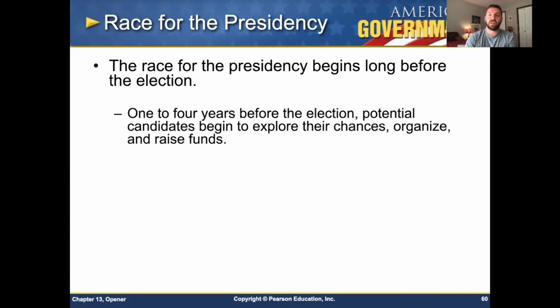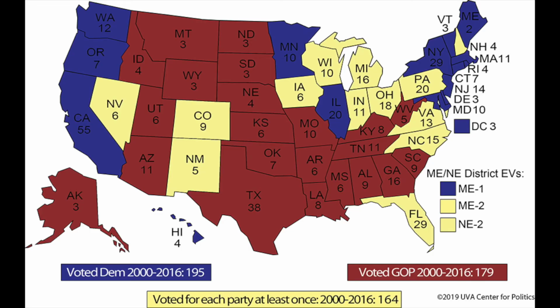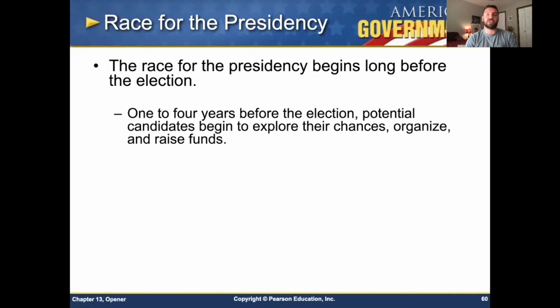Between 1 and 4 years before the election, potential candidates begin to explore their options and their chances, getting together exploratory committees, which is often code for I am running for president. They get organized, they raise money, they start building up ground support, which is basically boots on the ground in different states, especially the swing states that are going to be very important in the election.